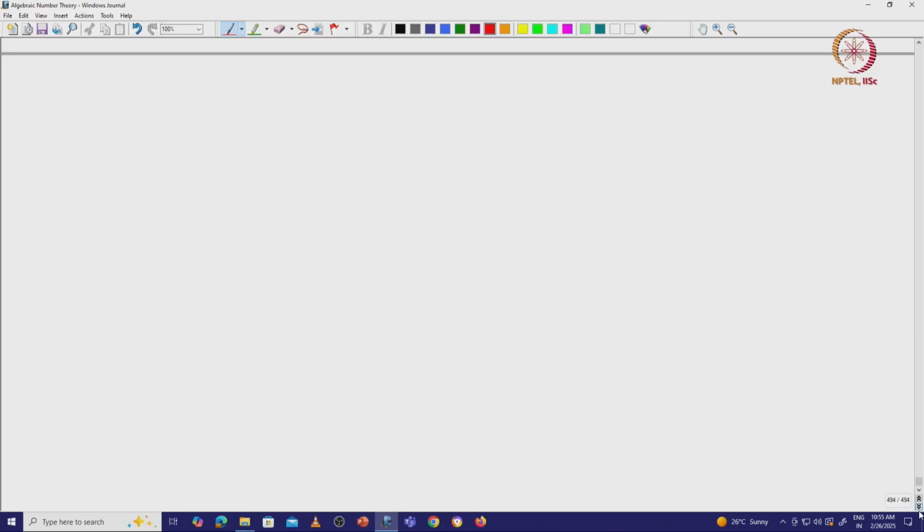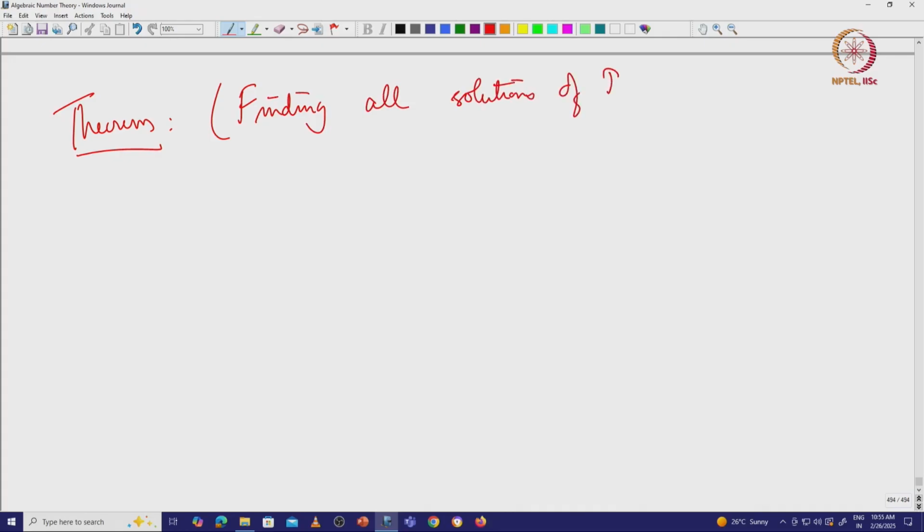So, here is a theorem that we want to prove. This tells you how to find all solutions of Pell's equation.